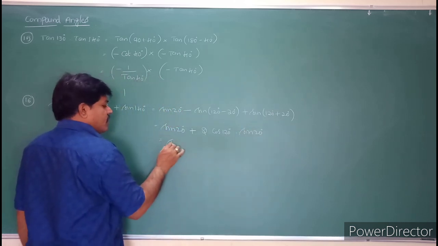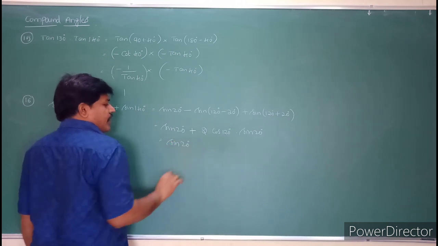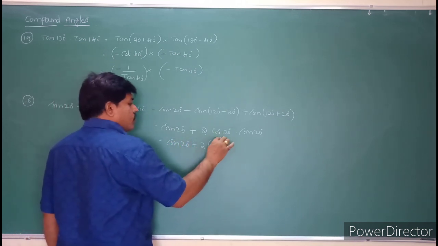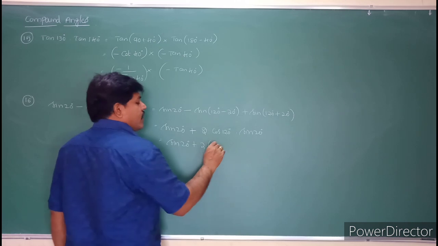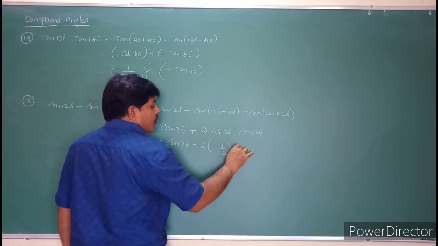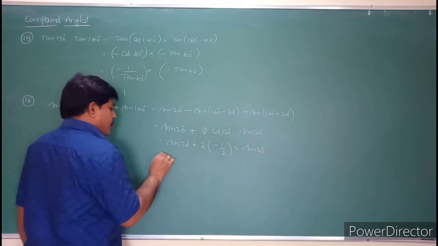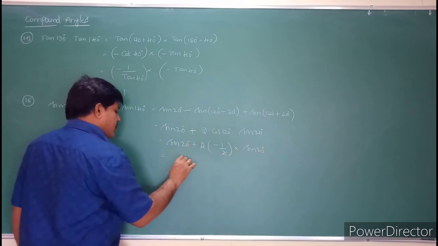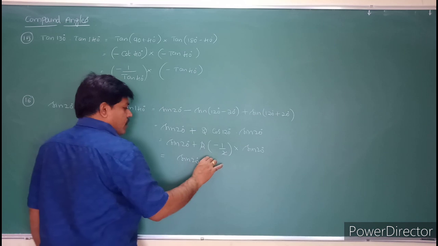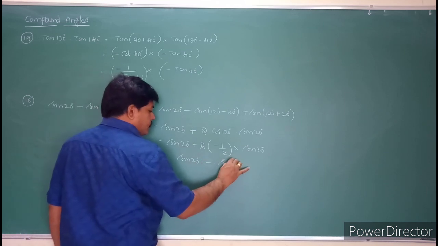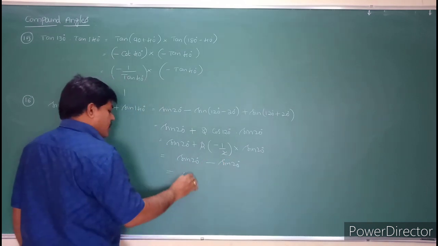So that is sin 20 degrees plus 2 into cos 120. Cos 120 value is minus 1 by 2, into sin 20. So this 2 will be cancelled, it will become sin 20 minus sin 20. So it will become 0.